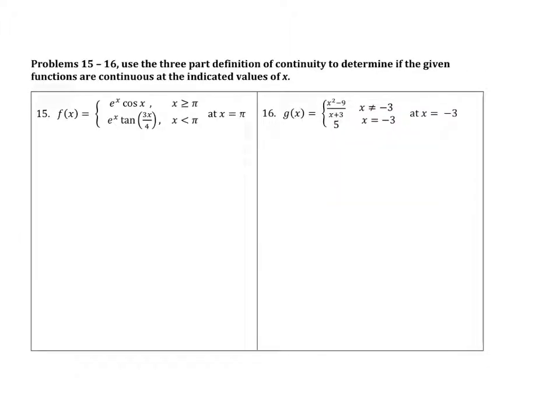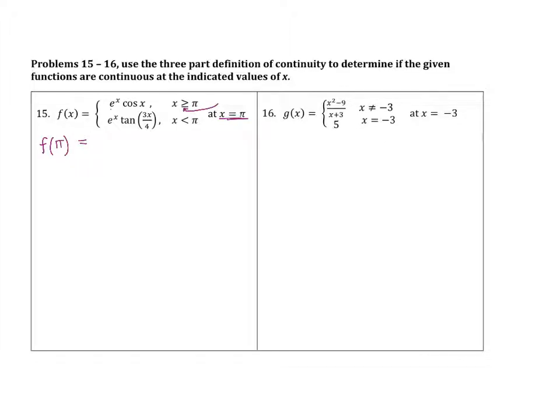For problems 15 and 16, we're going to go through the three-part definition of continuity at a particular point. And so our first step, we have to show that the function's even defined at a particular value. So here, we need to show that f at pi does exist, and so that means you're going to be looking for the or equal to part of the inequality.